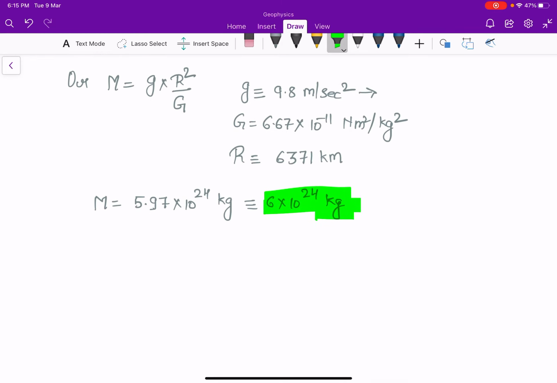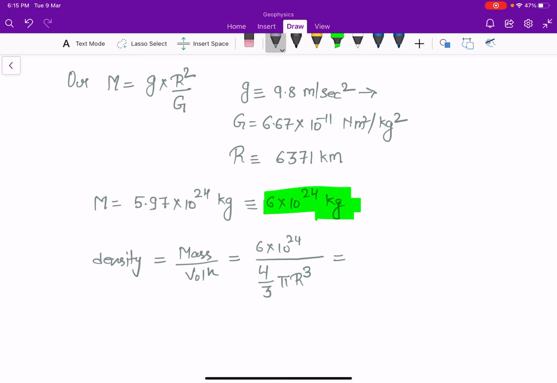So now I am going to find the density of Earth. The formula for density, for some object, is density equal to mass upon volume. So mass is 6 into 10 to the power 24, and volume we will get by considering Earth as a sphere of radius r. So the volume of sphere will be 4 by 3 pi r cube.